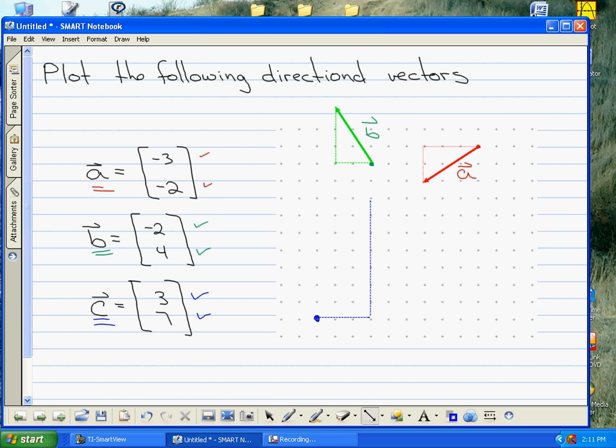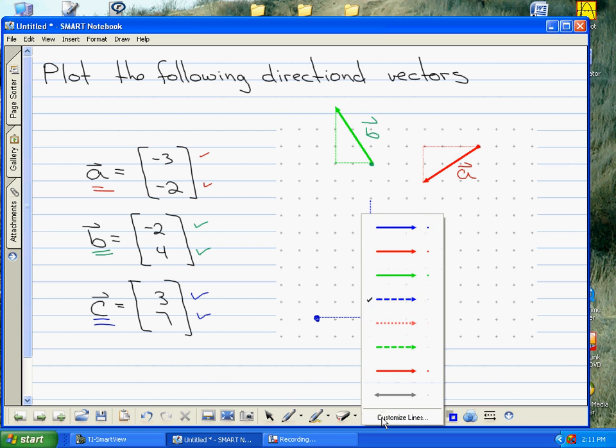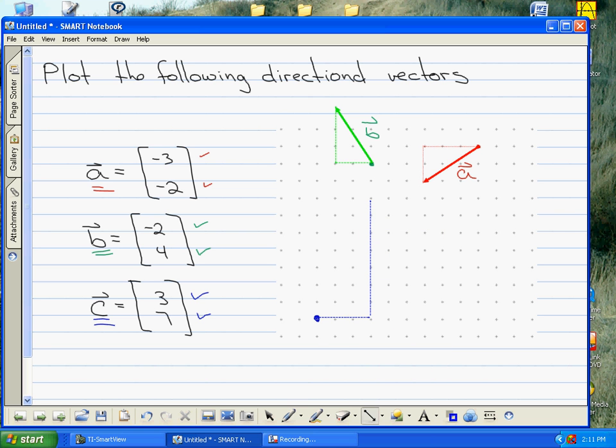So here's where I'll place vector C, traveling in this direction. So here we have the three directional vectors of A, B, and C.